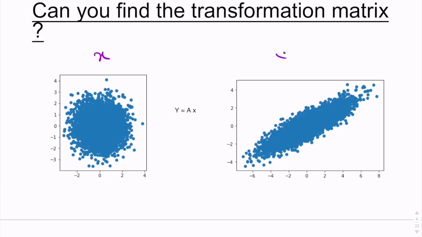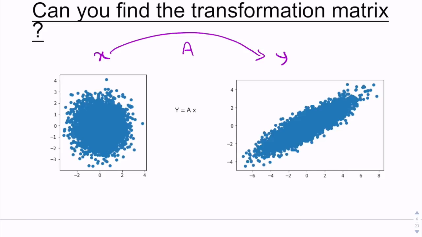So we transform x to y by matrix A, and then we have these data sets which are now stretched toward this direction, like a 45 degrees direction. So we would like to see what the transformation matrix looks like.